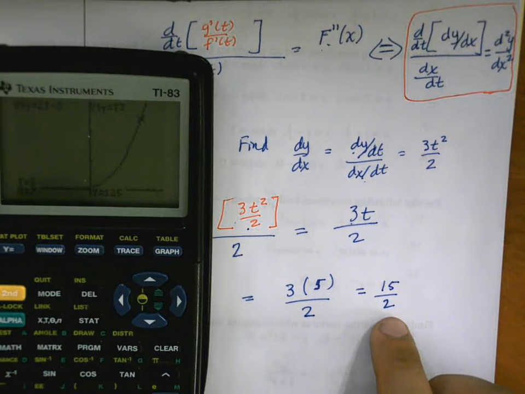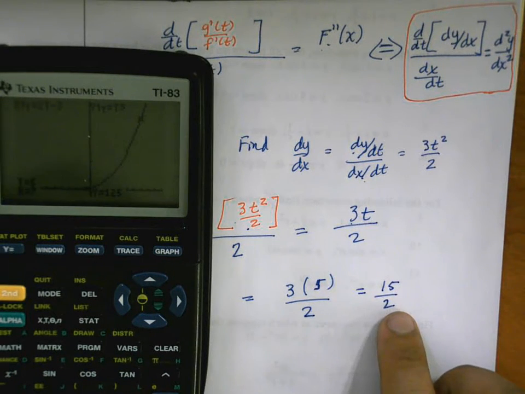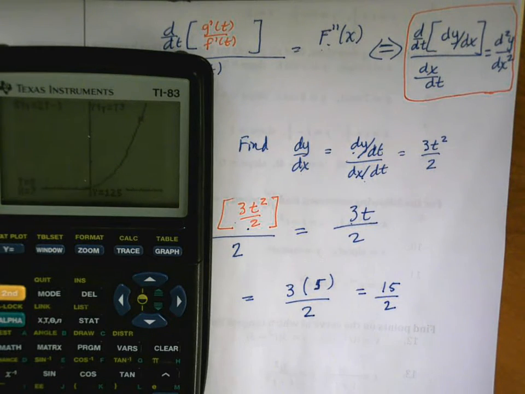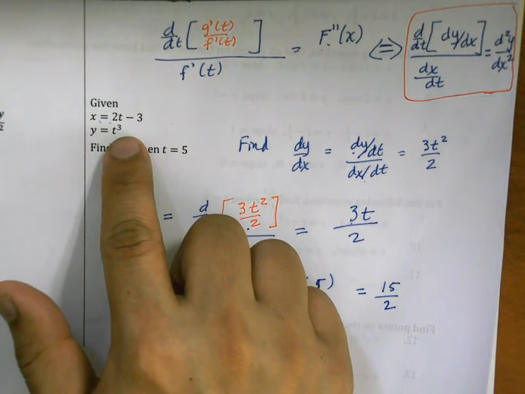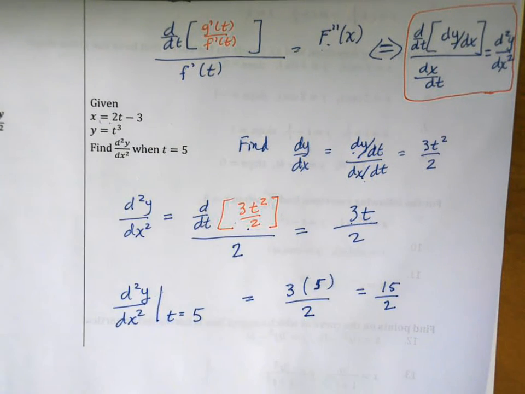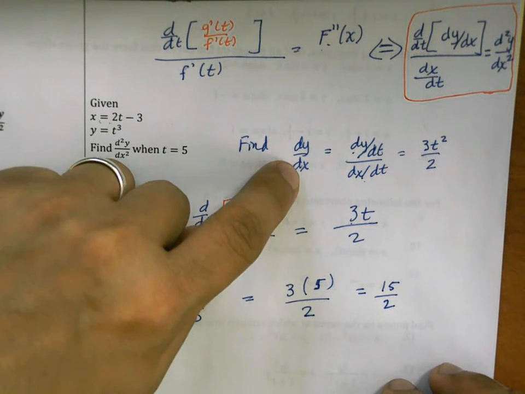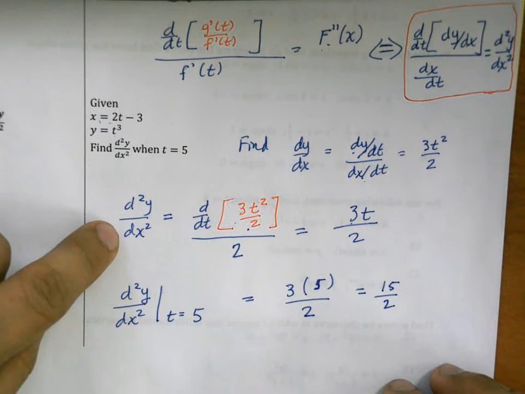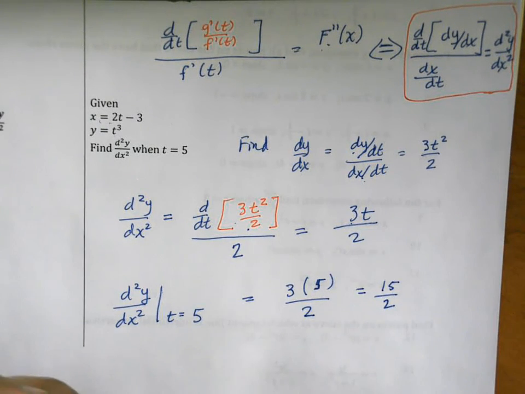So the slope is not 7.5, but the slope is changing at a rate of 7.5 when t is equal to 5. If these expressions were different, then when t is equal to 5, the results might be different. So x depends on t, y depends on t, and we can still solve for dy/dx, and we can still solve for the second derivative, d squared y over dx squared, given a particular t value.